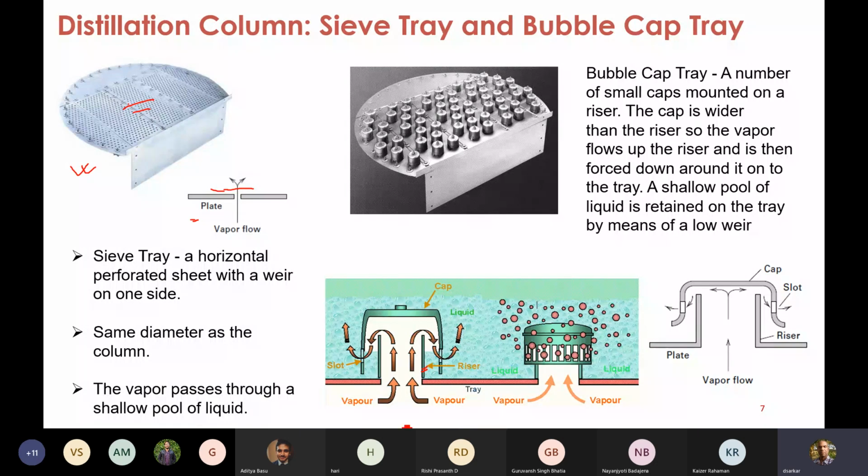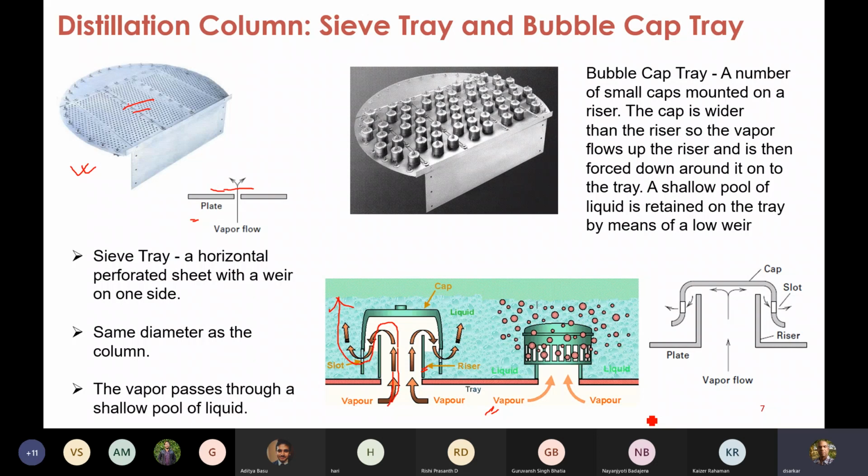The vapor goes through these perforations and is forced to go down like this, then goes through the pool of liquid and comes out like this. This is the vapor flow. So you have better mass transfer here. Anyway, we'll restrict ourselves to the sieve tray only, because we have the sieve tray distillation column in the lab.